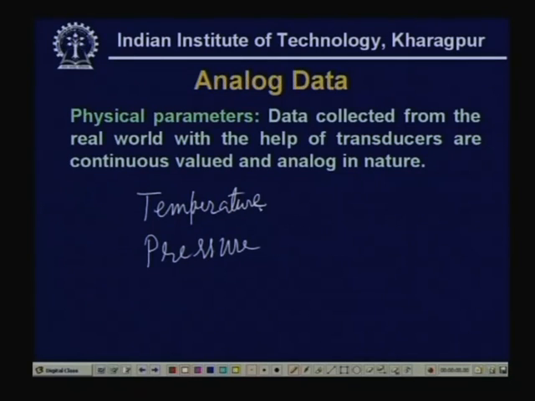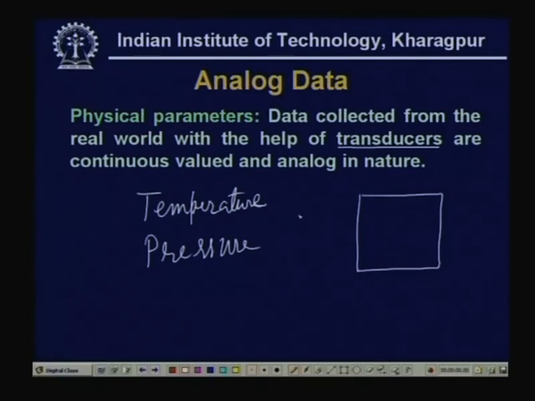These analog parameters are usually converted to electrical form with the help of transducers. Transducers are essentially some kind of energy conversion device.